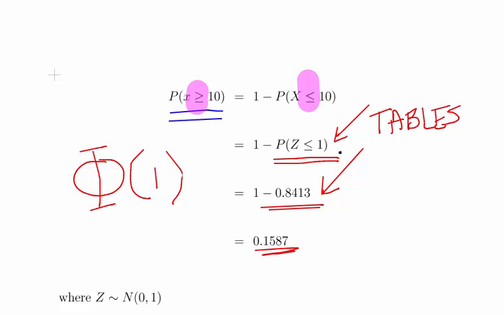You can also use it in the R programming language, pnorm. Sorry, that's a bit of a digression; I'll leave that for another time. Anyway, the answer is 0.1587.